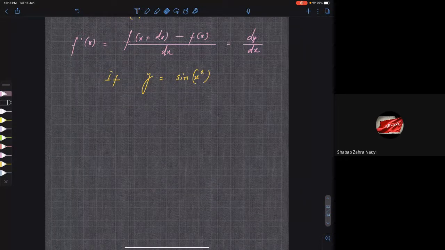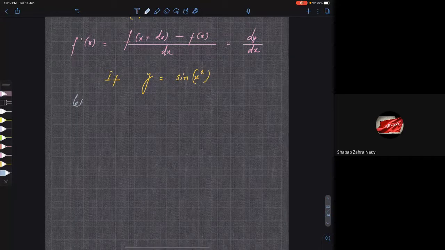So, when you have a function of a function, what do you mean by function of a function? See, x square is a function, sin x is a function. So, sine of x square is a function of a function. Let me write down what I'm saying.